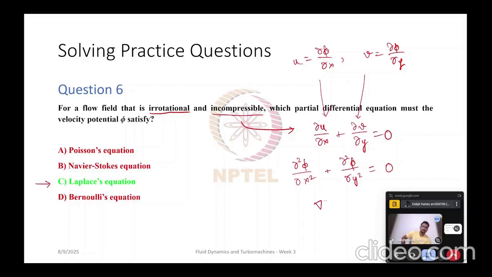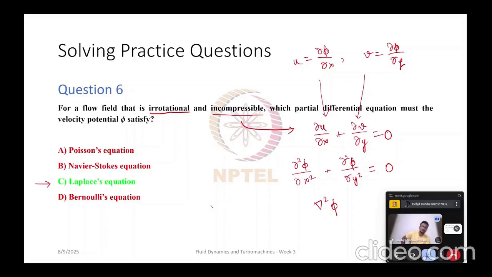So, in a general sense, this can be written as ∇²φ. The ∇² operator is also known as the Laplacian operator.